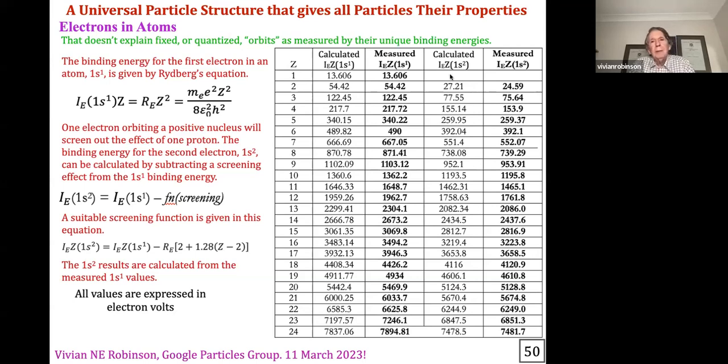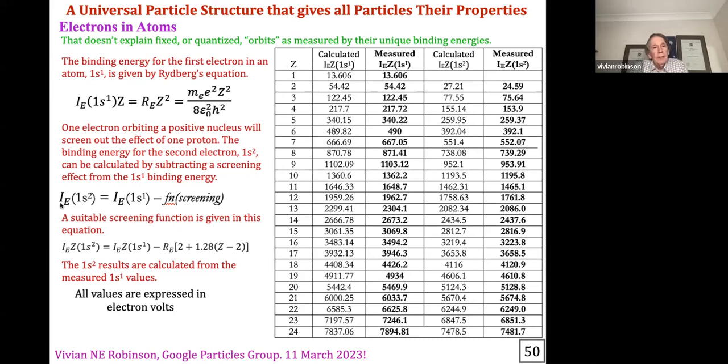But what about the 1s2 electron? Well, the first thing to realize is there is only a fixed number of protons within a nucleus, and each electron that's in there, say the 1s1 electron, screens out the effect of one proton.